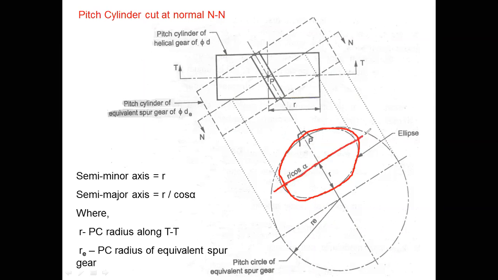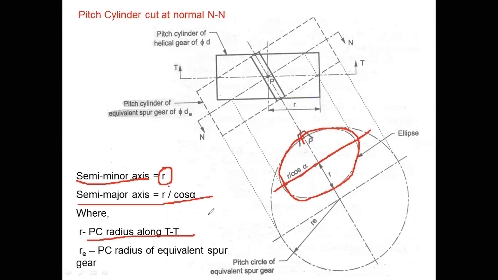There are two axes of the ellipse, one is the major axis and another is the minor axis. The semi major axis is r upon cos alpha, where alpha is the helix angle, and the semi minor axis is equal to r, where r is the pitch circle radius along TT.